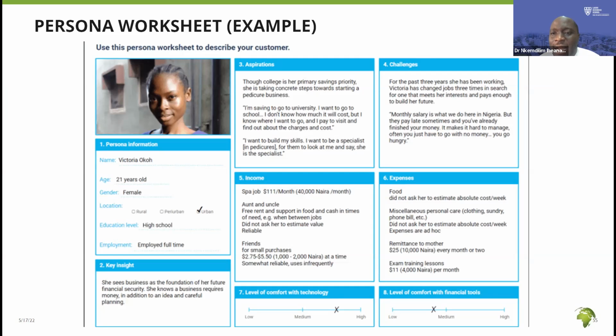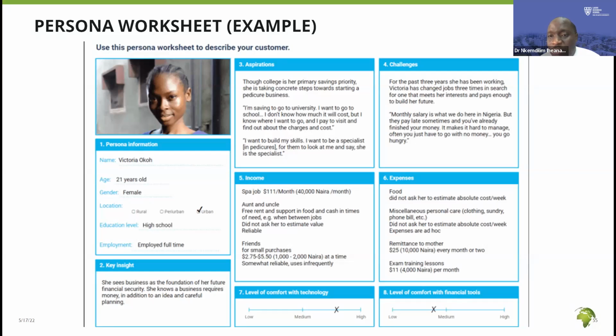Now, what are her current challenges? She frequently changes jobs, of course, given the very fragile nature of her skill, disposition, as well as her circumstances. And then typically she relies on a monthly salary. Sometimes employers pay late, and what that does is it makes it difficult to manage your financial circumstances.